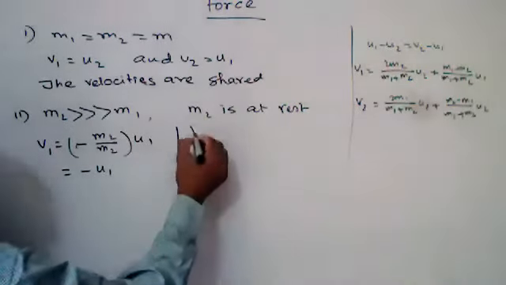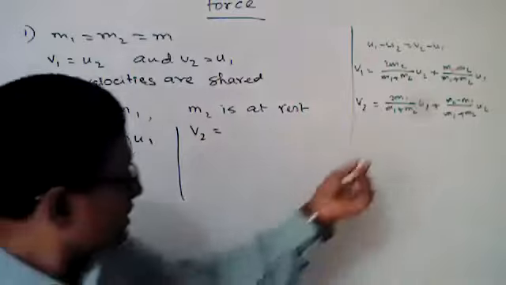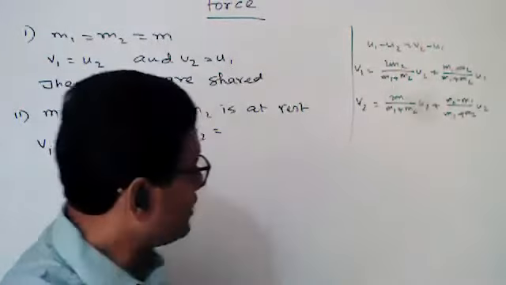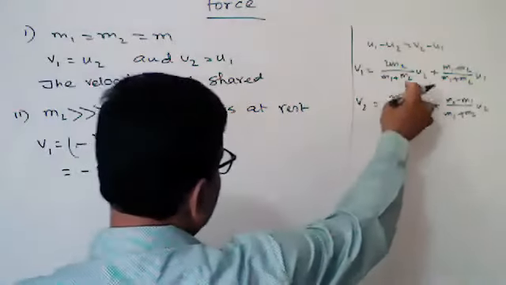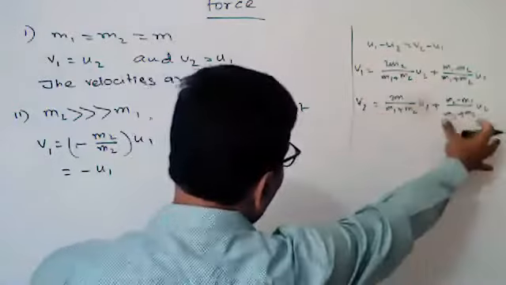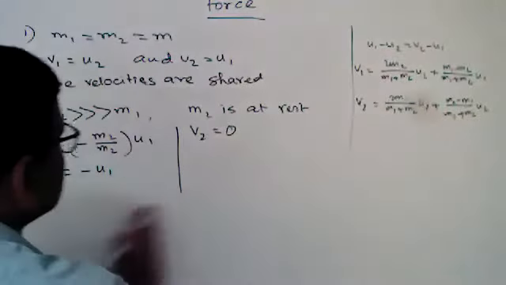And v2: m2 is greater than m1, m1 is negligible, so it will be 0. So v2 is 0.